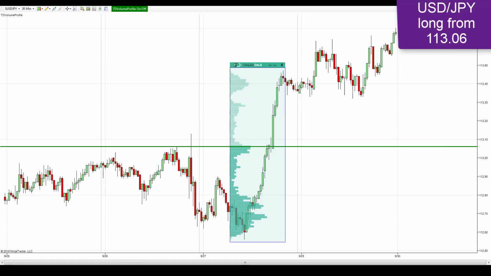Let's now have a look into the intraday levels, and let's start with US dollar Japanese yen. Before you can see a 30-minute chart of the Japanese yen, and this is the long level I would like to show you. The level is based on the trend setup. This is the trend, it's an uptrend, and within this uptrend there is a significant volume cluster.